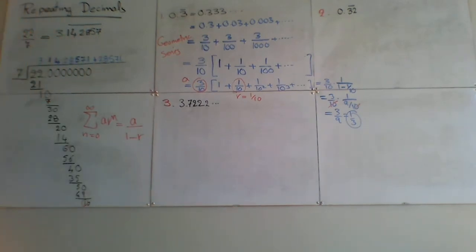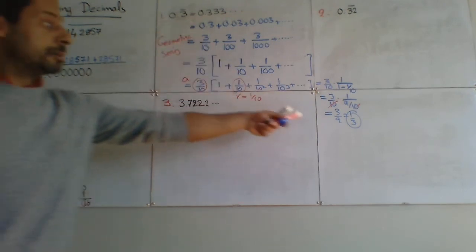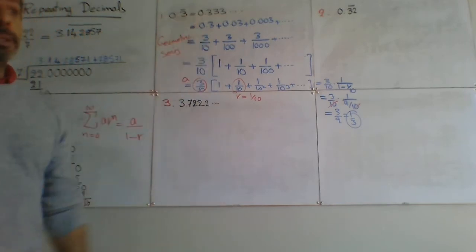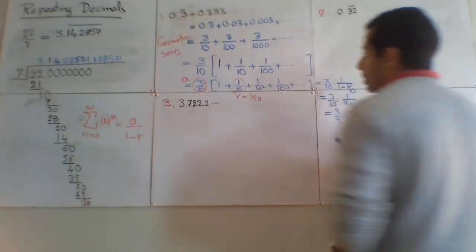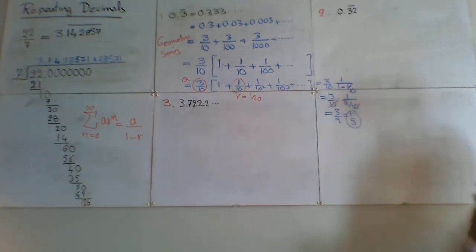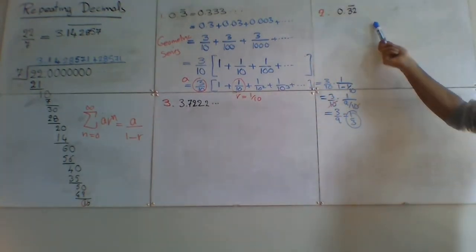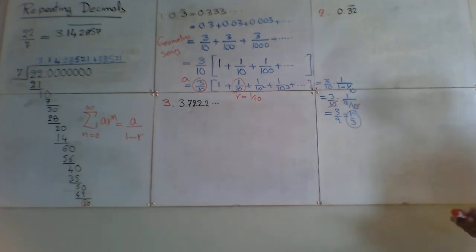Okay, so we got our result, which we probably know for this fraction, for this decimal. But we not only got the result, we've seen what method we will use to find the equivalent fraction of a repeating decimal.